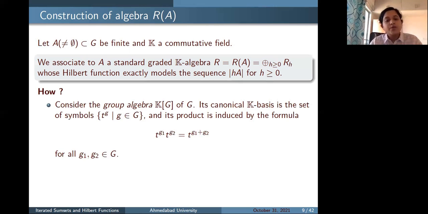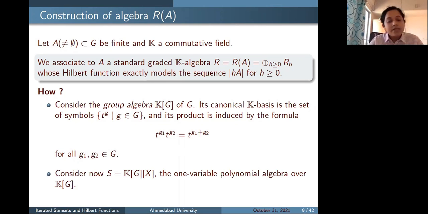Since I have a group, I can talk about the group algebra, which is KG. Since KG is a group algebra, it has a canonical K basis, which is the set of symbols. I can write it like t^g in this form. And I'm taking it so that the product induced here is nothing but t^(g1 plus g2).